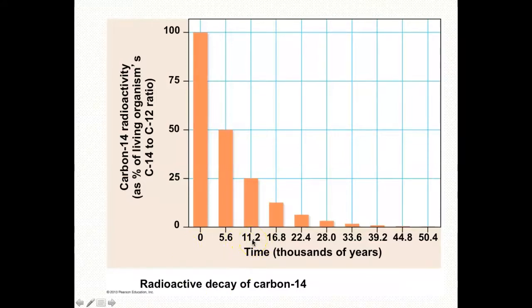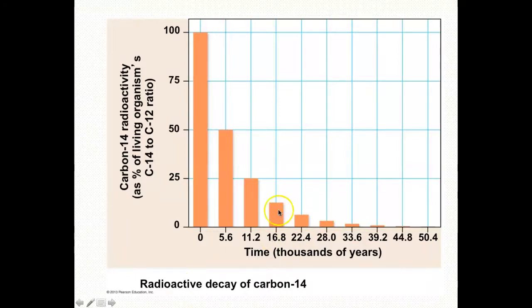Okay, and it continues on that all the time. So another half-life will be 16.8 thousand years, and you would find half of 25, so something around 12.5% of the carbon-14 in that fossil. And on and on and on. So basically, when you find a fossil, you look at how much carbon-14 is in that fossil, and let's say it is something like 10% of what you would normally see in a living thing.